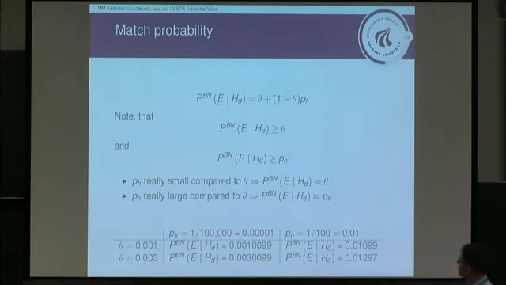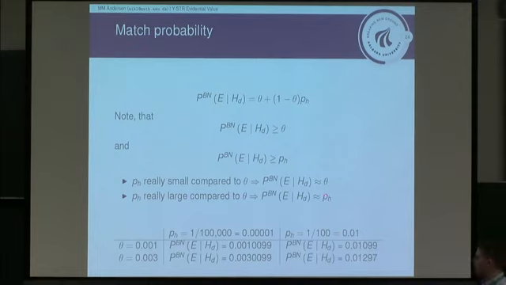Okay, there are a few facts that are nice to note about this Baldwin-Nichols match probability. It's larger than theta, and it's larger than the population frequency. So if the population frequency is really small compared to theta, then the match probability is almost just theta. But if it's really large compared to theta, then it's just the population frequency.